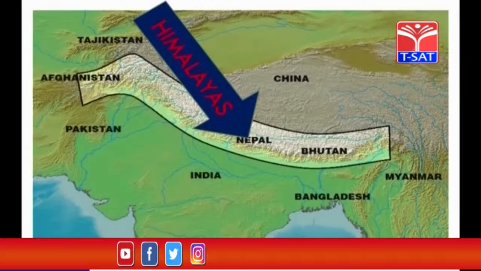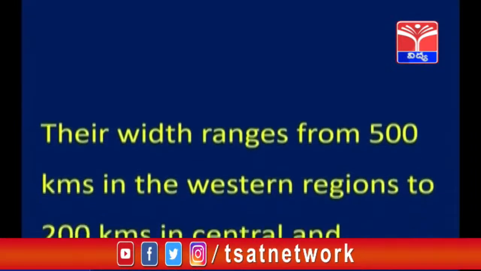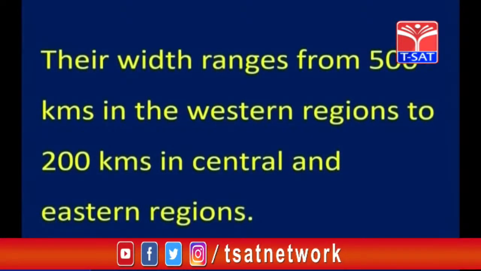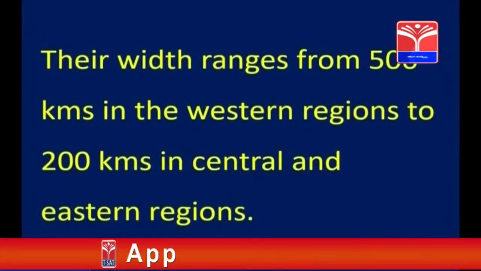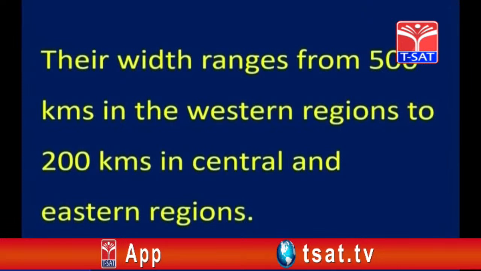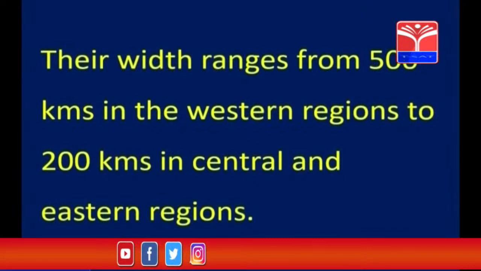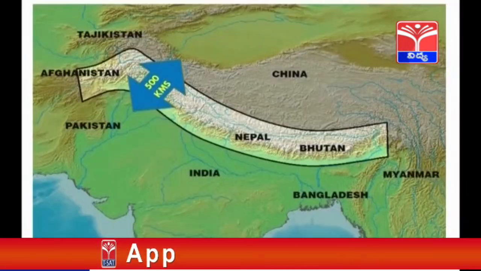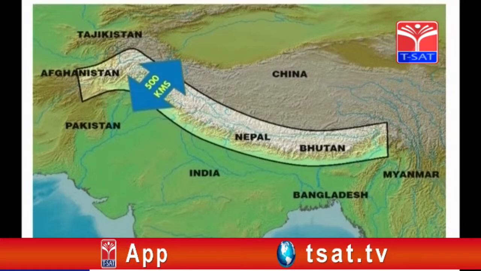Their width ranges from 500 kilometers in the western regions to 200 kilometers in the central and eastern regions. Means the width varies from one place to another, but the maximum width is 500 kilometers and the minimum width is 200 kilometers in the eastern regions. This is the width of the Himalayas.